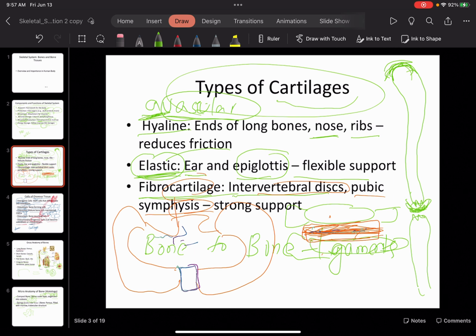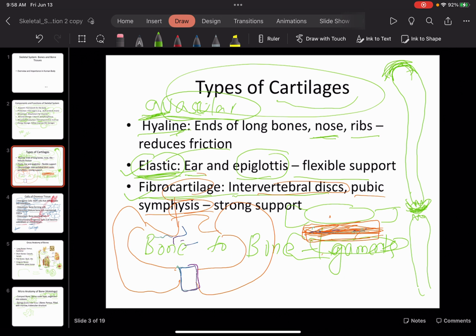So, types of cartilage. There are different types of cartilage: hyaline cartilage, elastic, and fibrocartilage. Hyaline cartilage you see at the ends of the long bones, like the femur, humerus, and phalanges, and at the tip you see articular cartilage, which is made of hyaline cartilage.